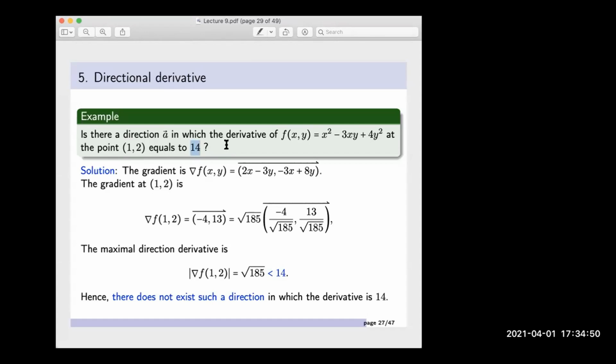So we want to find a direction such that in that direction, the directional derivative is equal to 14.